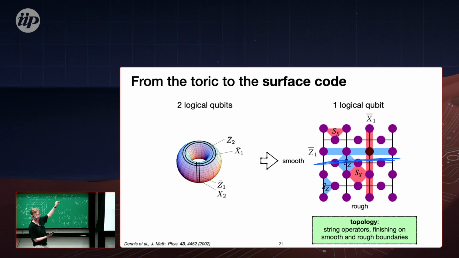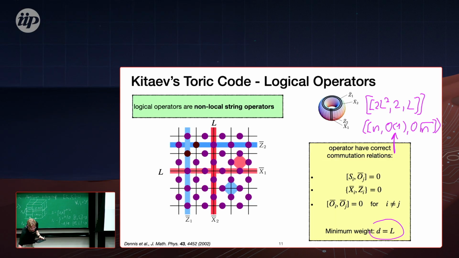There has always been, if you remember, in the toric code, one X operator that lives on one of the two sublattices and one Z operator on the other sublattice.